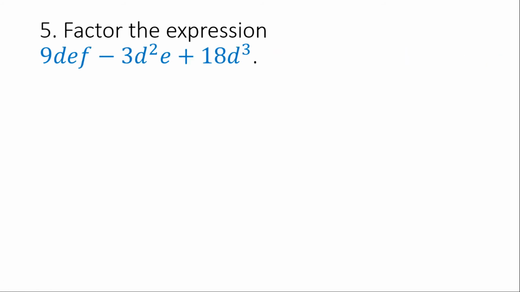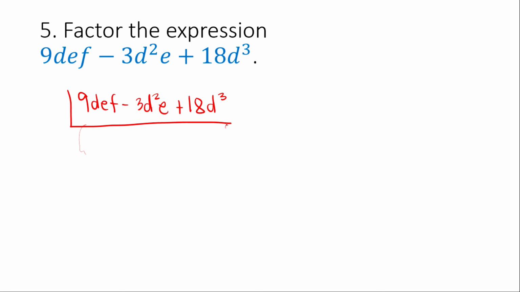And next, let's try to factor the expression 9def minus 3d squared e plus 18d to the third power. 9, 3, and 18 have the greatest common factor 3. 9 divided by 3 is 3. def. 3 divided by 3 is 1. d squared e.